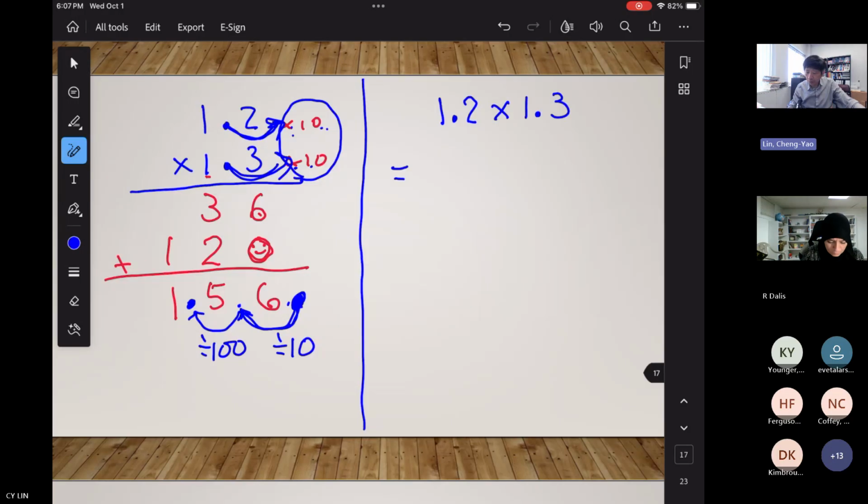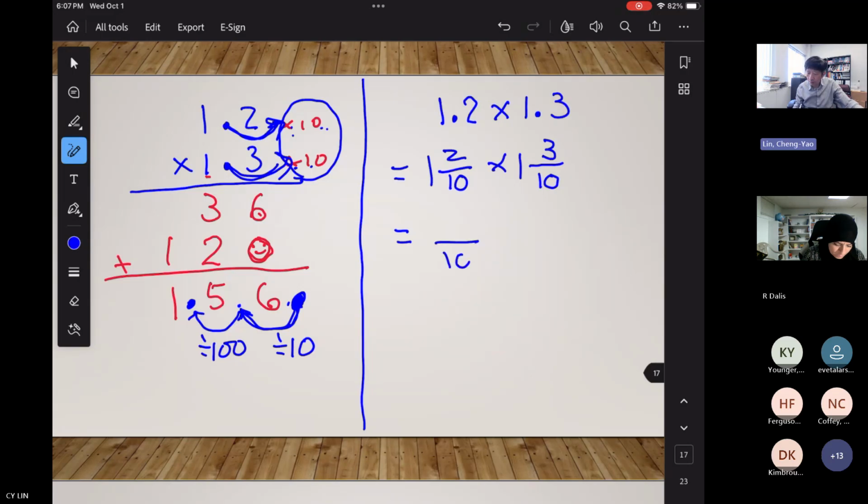1.2, can we convert it to 1 and 2 tenths? Is that right? So that is all connected to their previous knowledge. So therefore this is a mixed number.